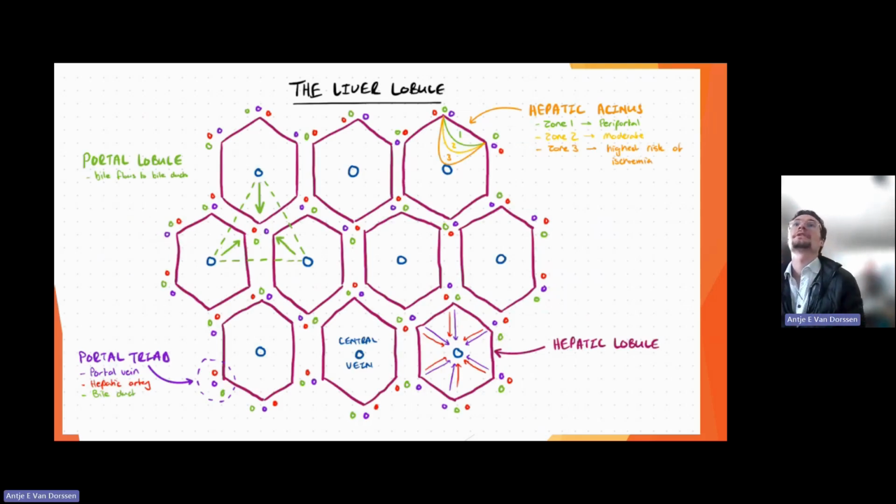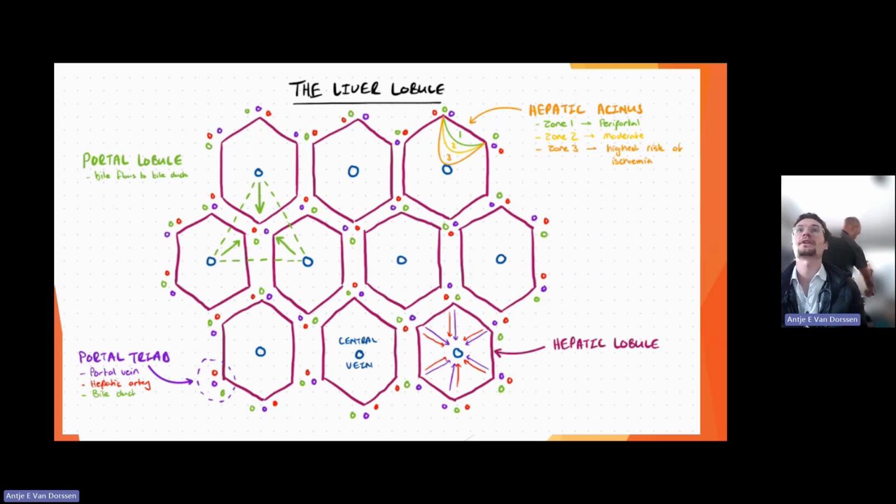In terms of the histopathology, this is very important to understand. This is effectively a biopsy of the liver, and we're looking at a cross-section at the level of the hepatic lobule, these hexagonal structures that make up the liver parenchyma.